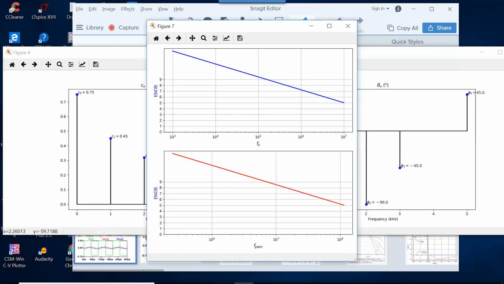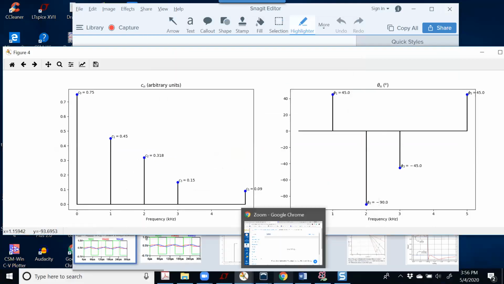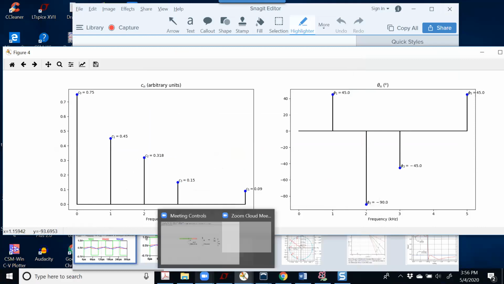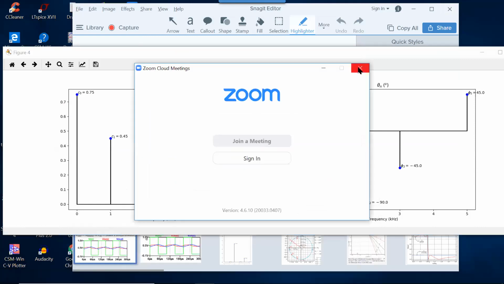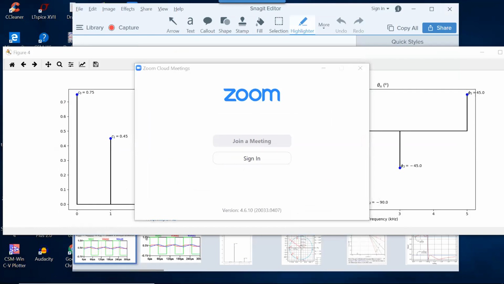That's pretty much it for today. So what I've got is an activity all set up. Let's go to the breakout rooms.